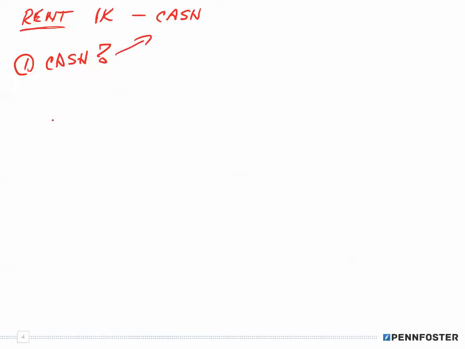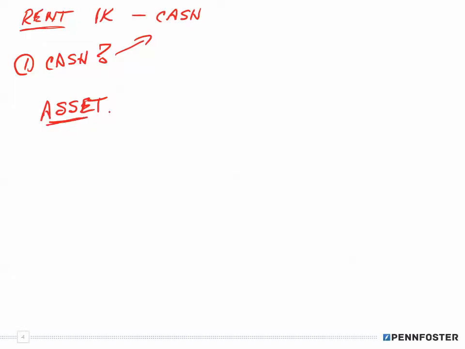Now from previous videos in the framework, you should be familiar with what I'm talking about. If you watch those other videos, you should have these concepts down. Okay, cash is an asset. When I'm looking at cash, it belongs to the category of account called an asset.